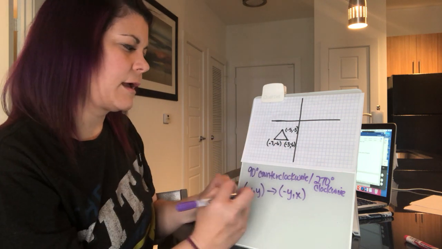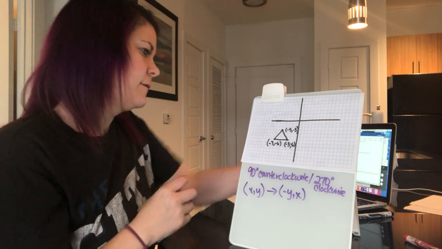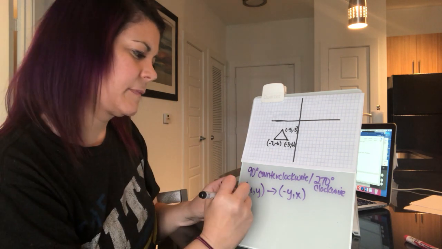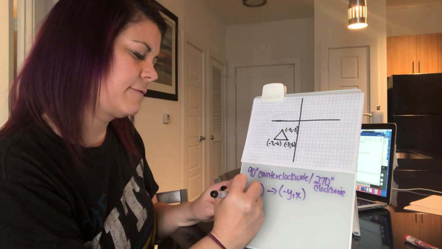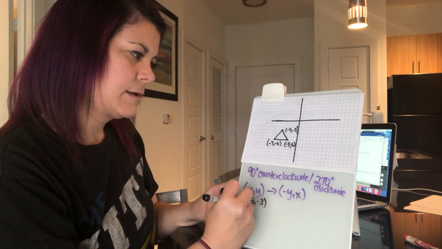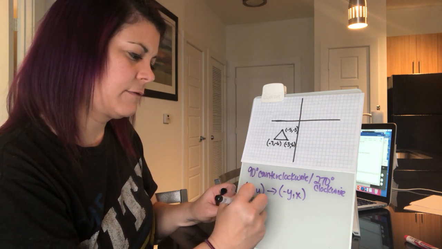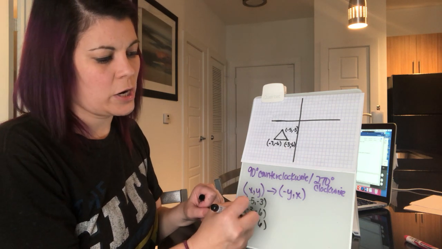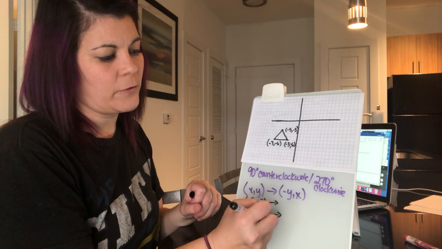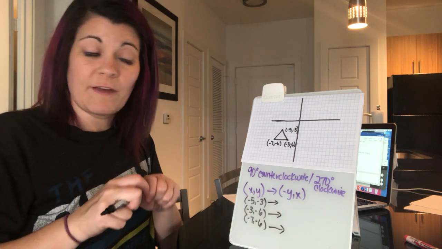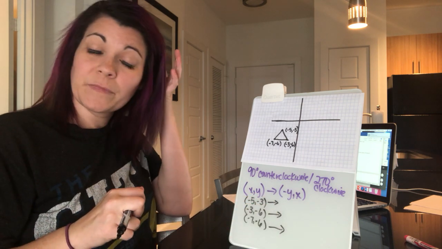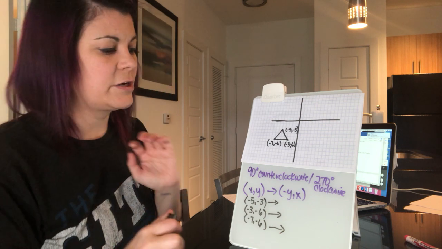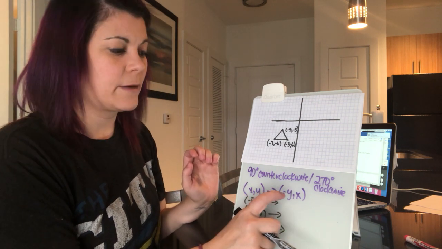In this case, I have (-5, -3), (-3, -6), and (-7, -6), which are my coordinate points. And I'm going to apply this rule for each of them, okay?